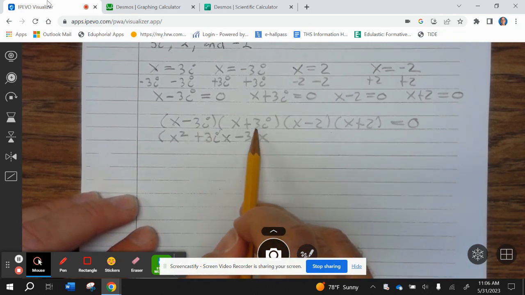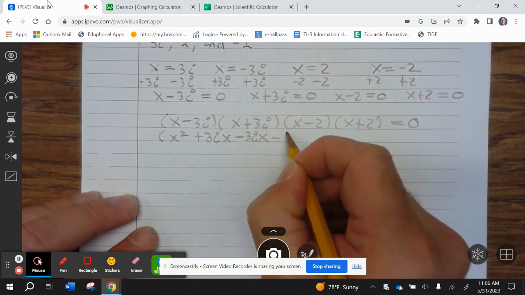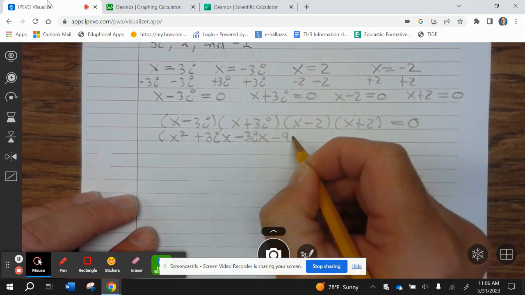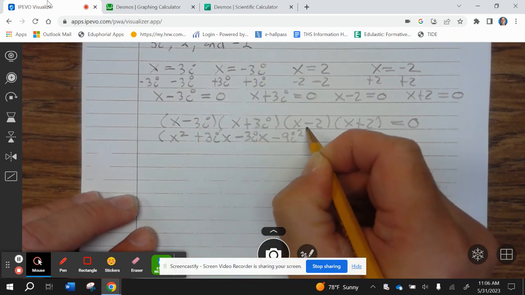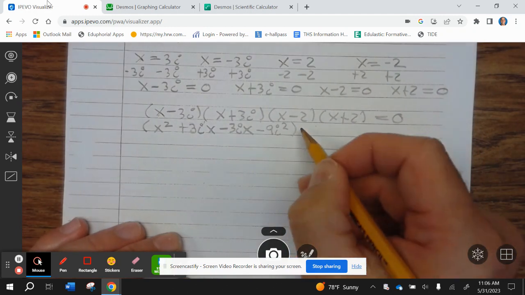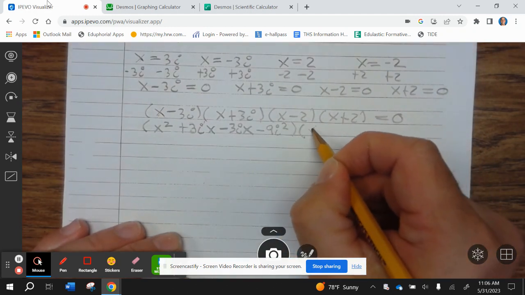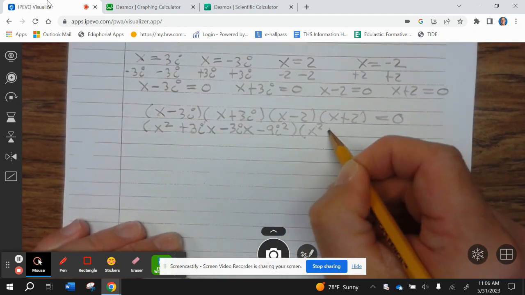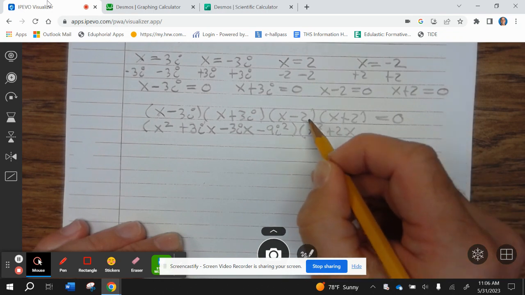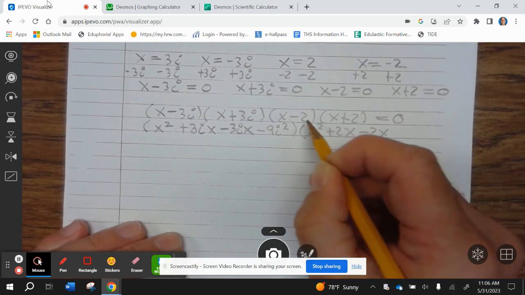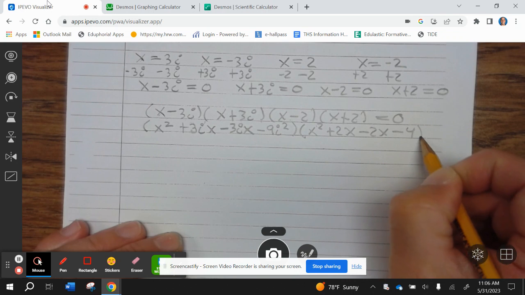Negative 3i times 3i is minus 9, i times i is i squared. Okay? Now let's FOIL this. X times x is x squared. X times 2 is plus 2x. Negative 2 times x is minus 2x. Negative 2 times 2 is minus 4. And that equals 0.